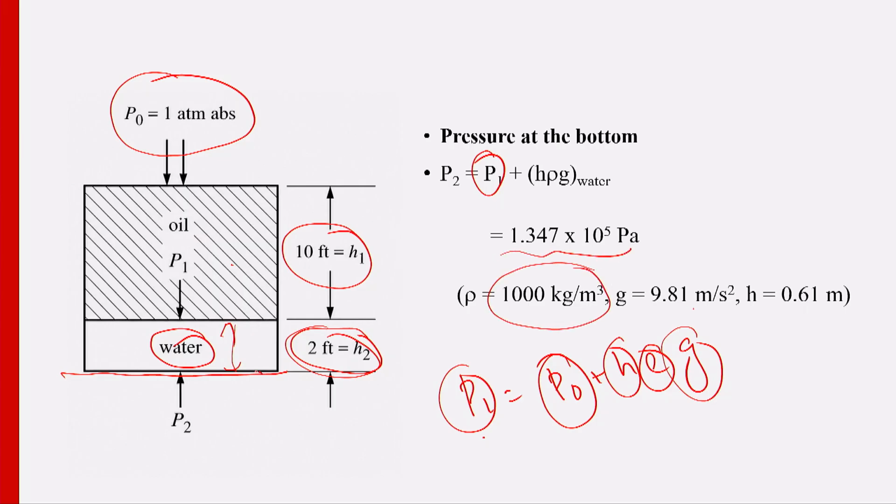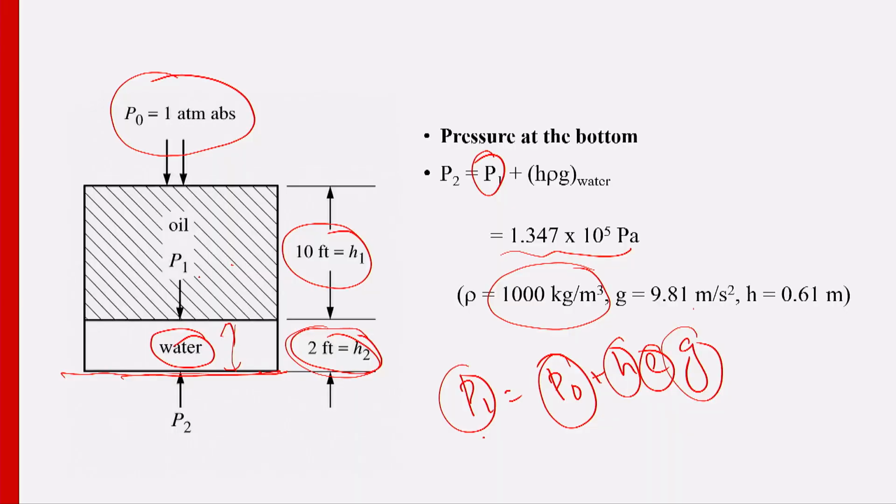So we will get how much pressure there is at point P2. That is a very simple problem to explain. So what is the pressure at point 1 and point 2? They are different, because the first is P1 in oil and P2 is at the water point.